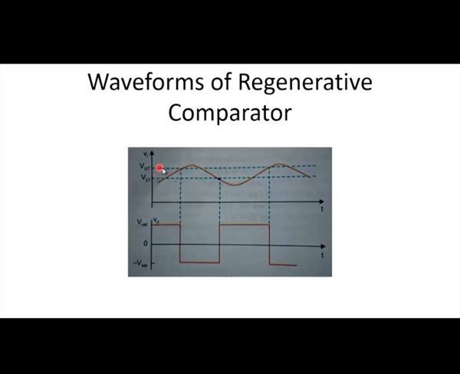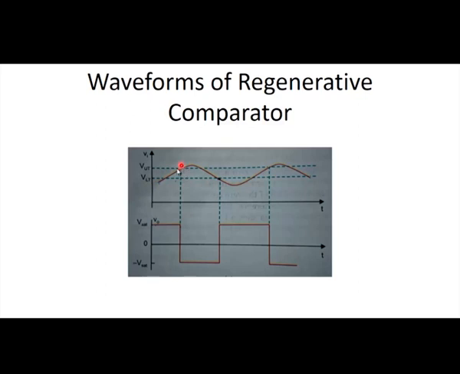And now, the signal is compared with the VUT. For the second time, the signal is compared with VLT, because once the output is transited, or say the output is plus V saturation, then the voltage present at the positive terminal will change into the next threshold voltage, say VLT.